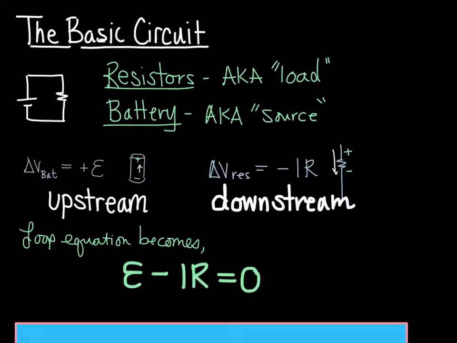Also, the battery, and you've heard me call it this before, is referred to as a source sometimes. These are kind of like old school terms, but they're still used. So we have a simple series circuit with one resistor. We have the source or battery. I drew it as a cell, and then we have one resistor.